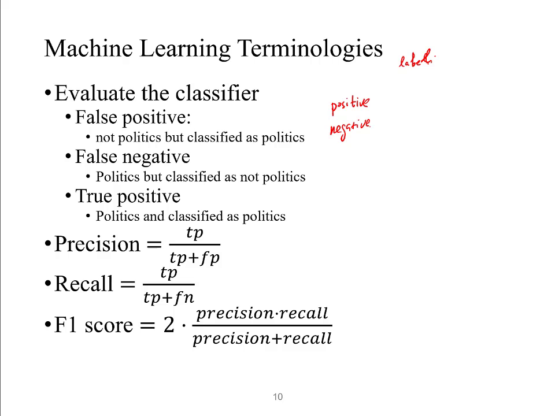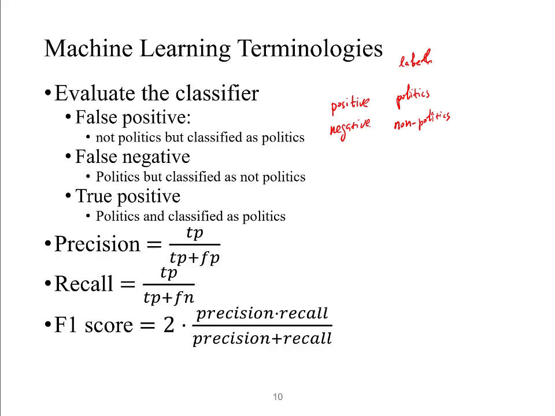So let's consider the binary label first. For example, the binary label would be either it is politics or not politics. We use politics as positive, and non-politics as negative.